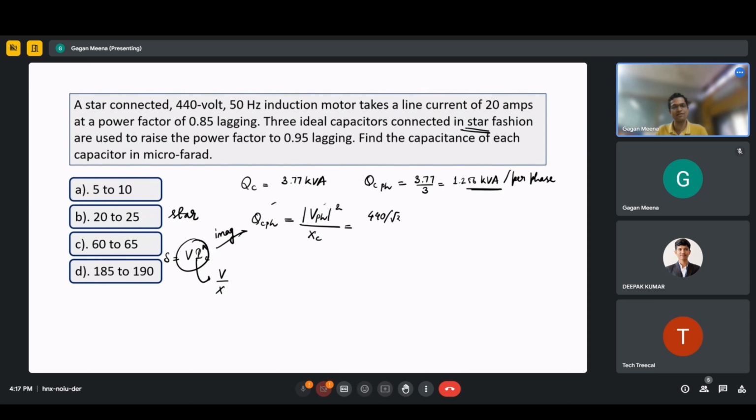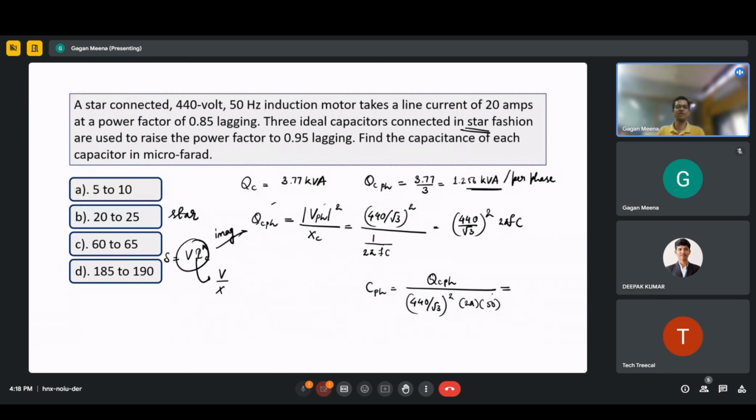And XC is 1 by 2 pi F into C. So C equals QC per phase divided by V phase squared into 2 pi F, with F equal to 50 hertz. So calculate this.